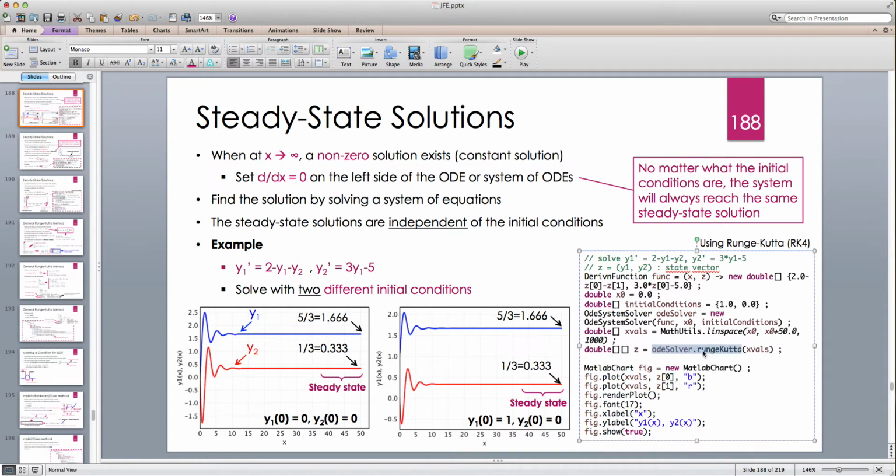And then when we call the Runge-Kutta and pass in an array of x values, it returns a two-dimensional double array for z. Each row is all the values of one of the solutions. So row 0 is all the values for the solution of z0, which is y1.